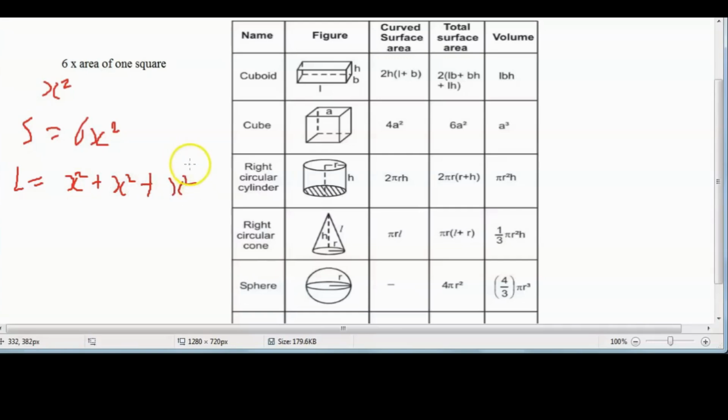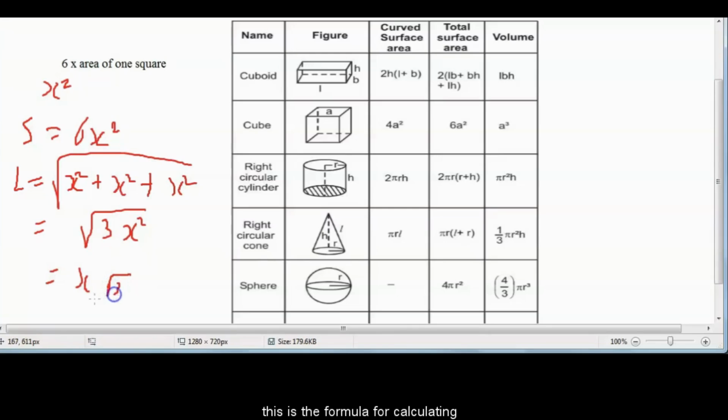This is the same thing as the square root of 3x squared, and is also the same thing as x root 3. It's the formula for calculating the diagonal of a cube.